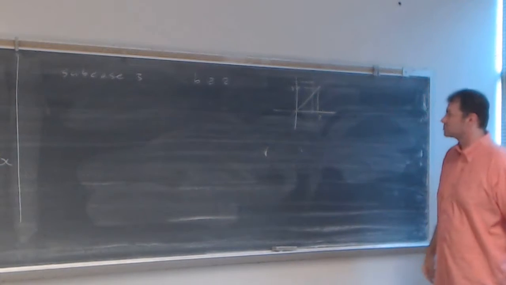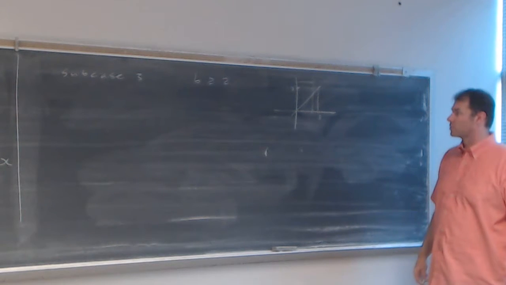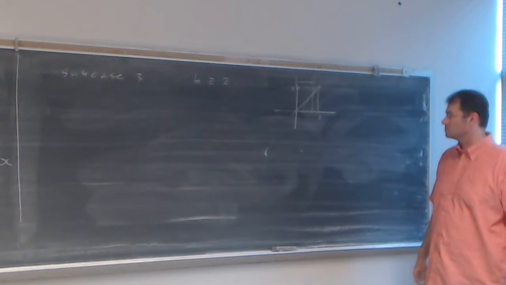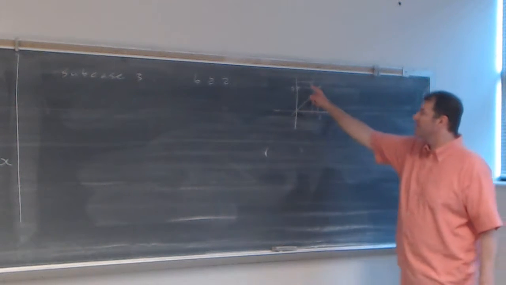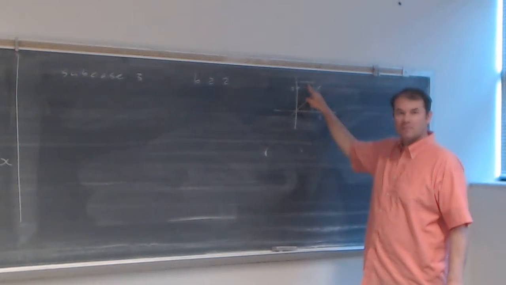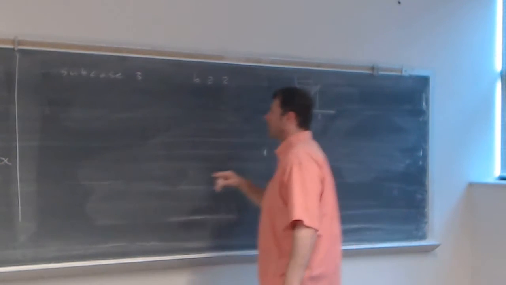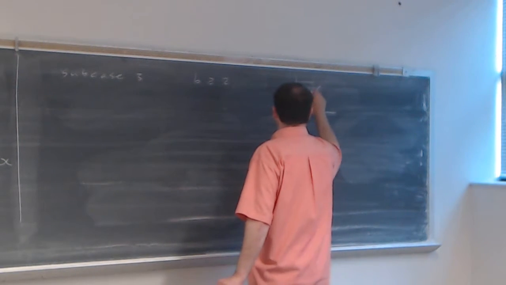Something like this region is what we're trying to integrate f of x comma y over. But over this region, f of x comma y is equal to 0. So really, it's just this region here. This region is what I integrate over.